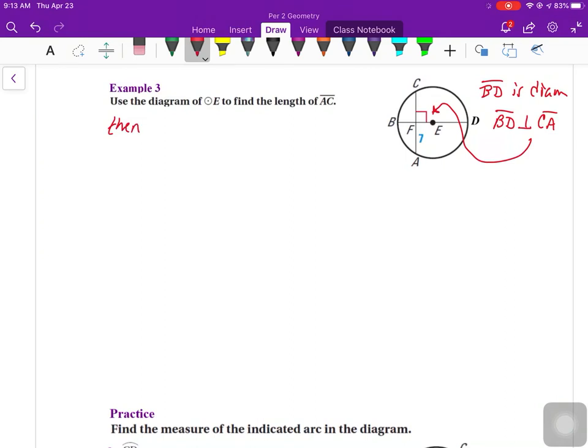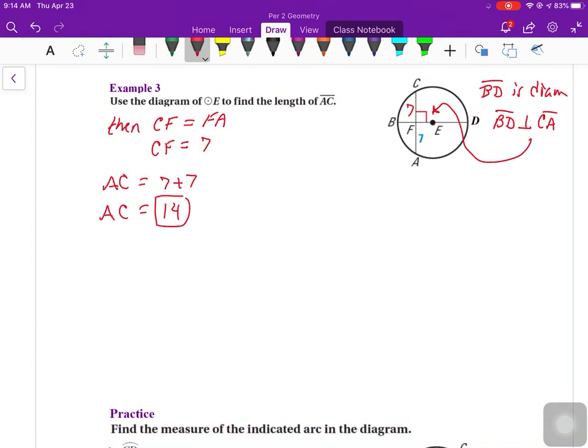That means C to F has to be equal to F to A. So we can figure out C to F will equal 7. So we have 7 there. Now they've asked us to find the length from A to C. Well, A to C is going to be 7 plus 7, so A to C is going to be 14.